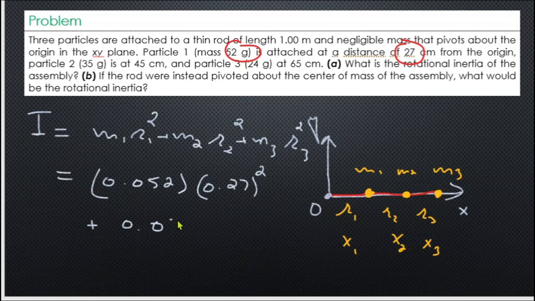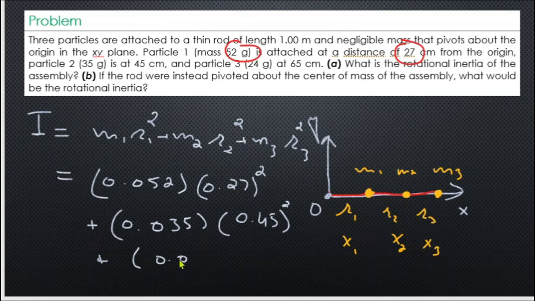Similarly, for the second particle, the mass is given to us to be 35 gram. So in kilogram, that would be equal to 0.035 kilogram, and its distance from the origin is 45 centimeters. So in meters, that would be equal to 0.45. Similarly, for the third term, the mass is given to us and that is 24 gram.